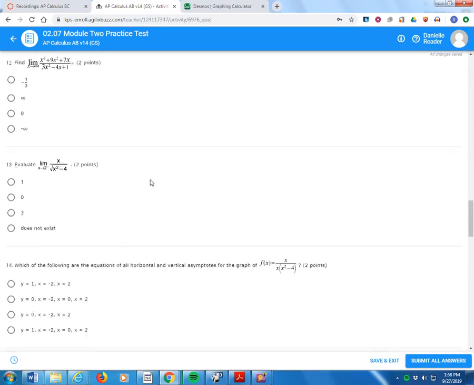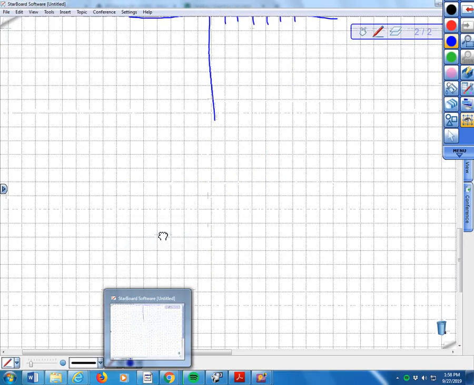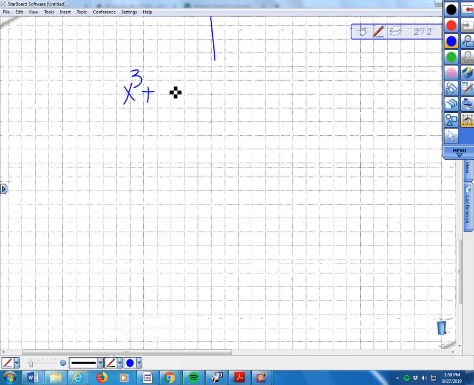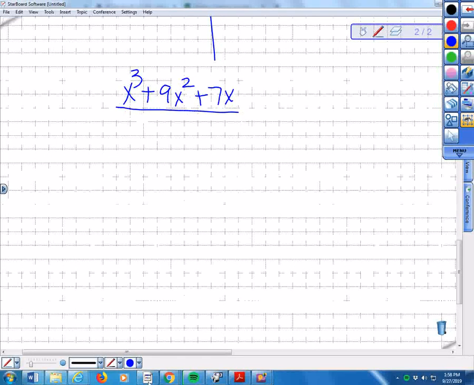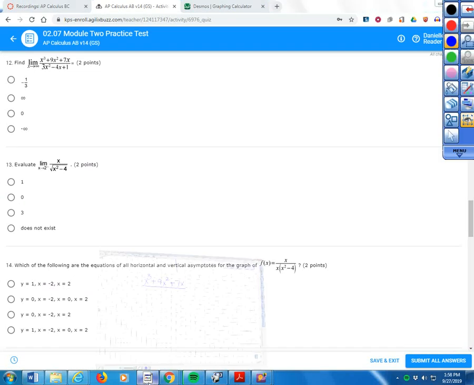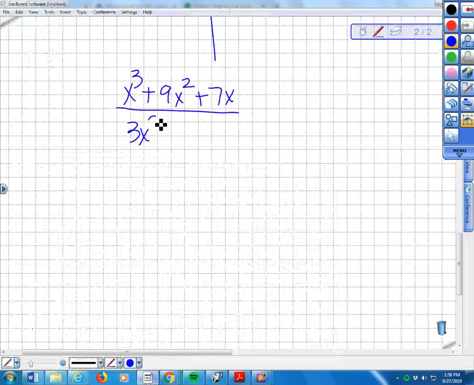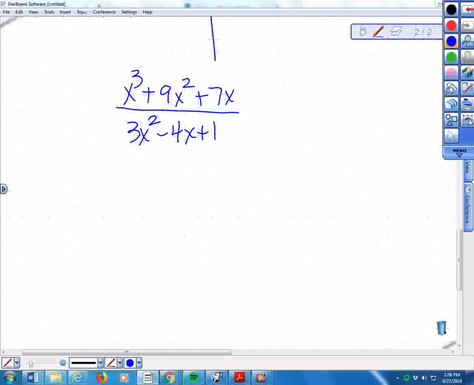Find the limit of x cubed plus 9x squared plus 7x divided by 3x squared minus 4x plus 1. Okay, so I'm going to factor an x out. I'm just going to work on simplifying this, and then I'll take the limit at the end.